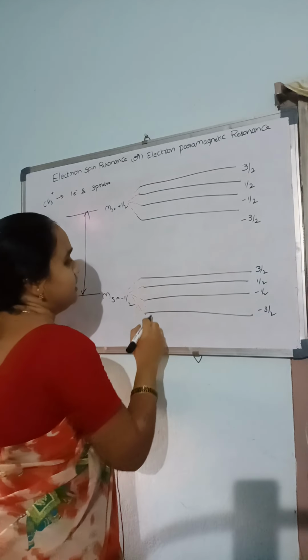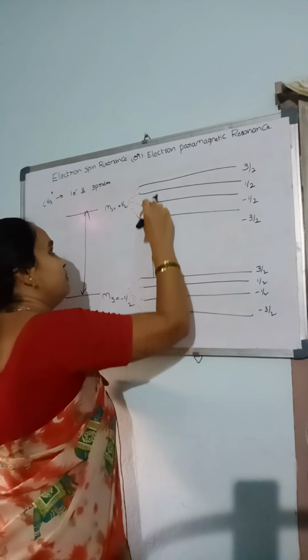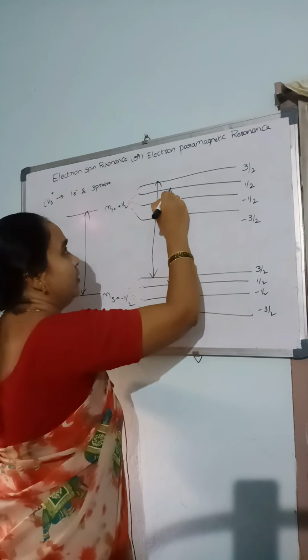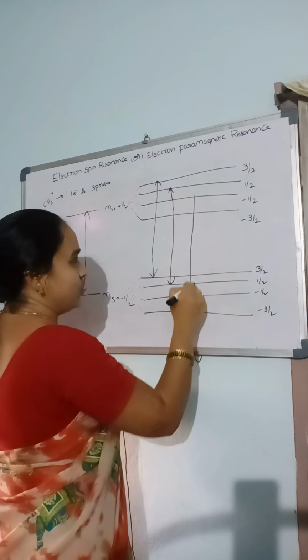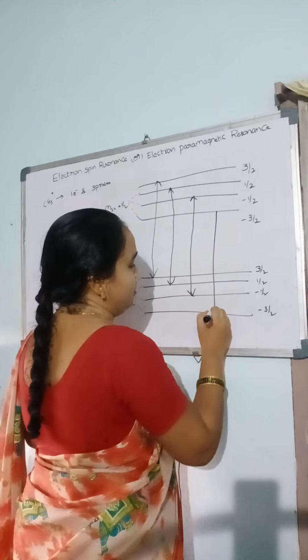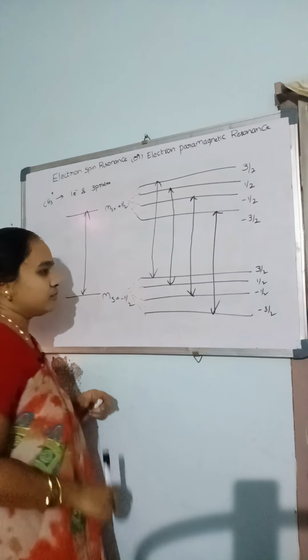That is 3 by 2 to 3 by 2. Next 1 by 2 to 1 by 2. Next minus 1 by 2 to minus 1 by 2. Next minus 3 by 2 to minus 3 by 2.